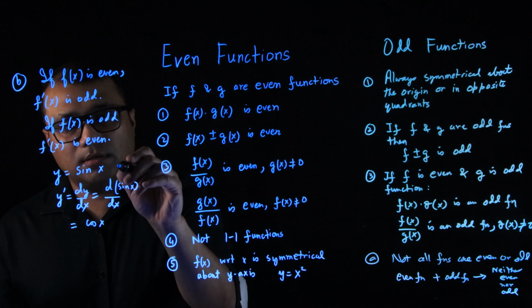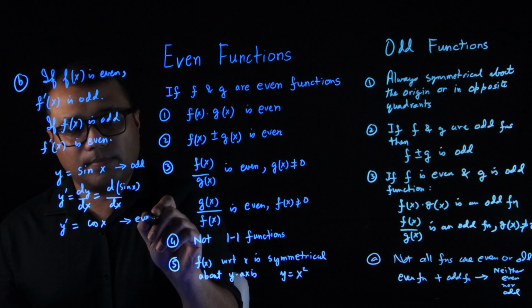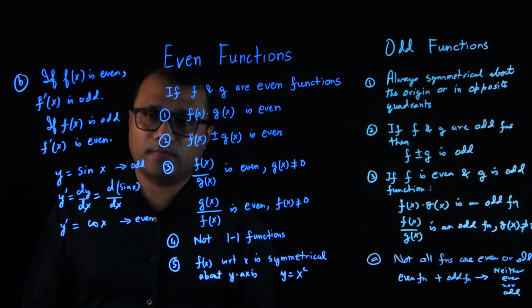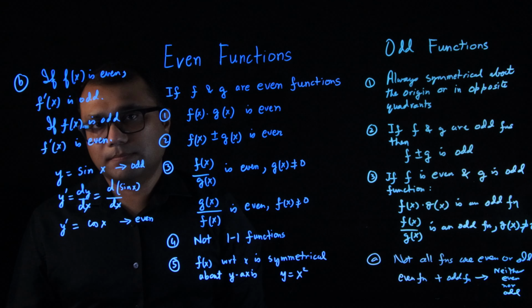So y is an odd function, however y dashed x is an even function.